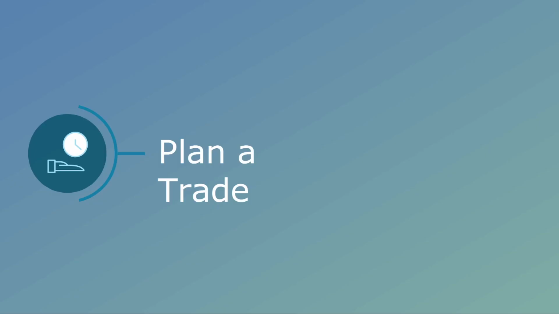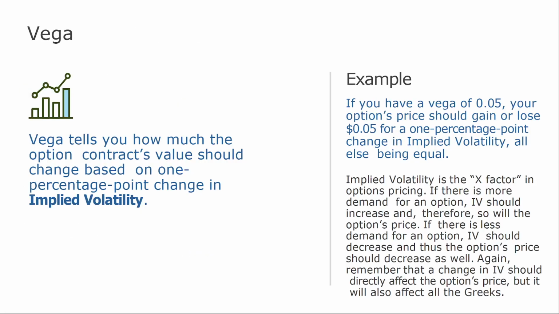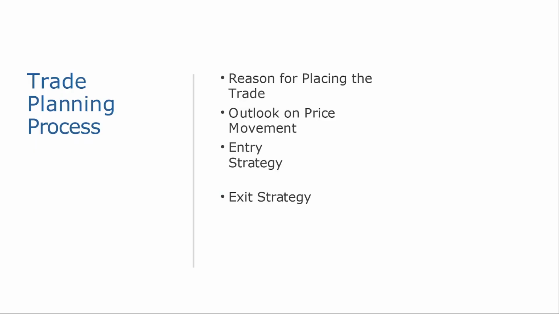But if you want to understand, the Vega is going to tell you how much the option contract value should change based on a 1% point change in implied volatility. But in this case, unless you are trading months or years type of options, which in my case I'm not, because I'm recommending dailies or weekly expiry options, it's not going to affect us.